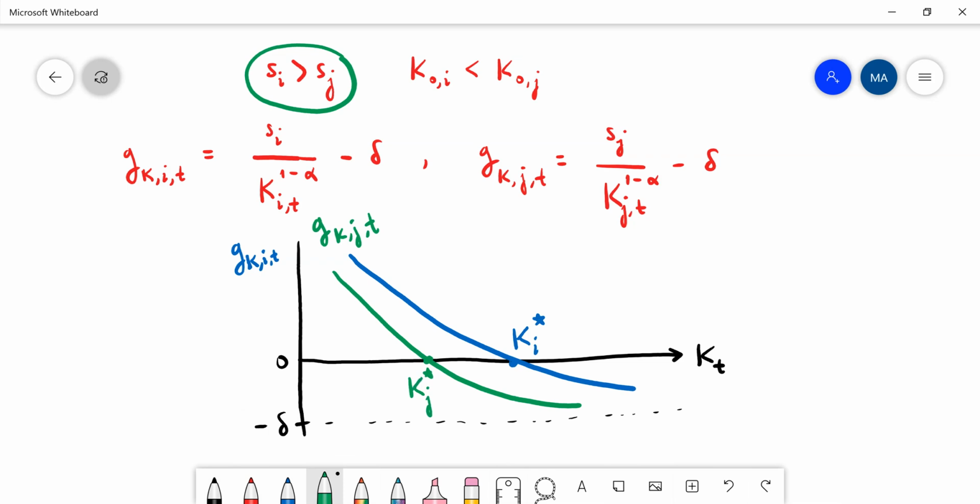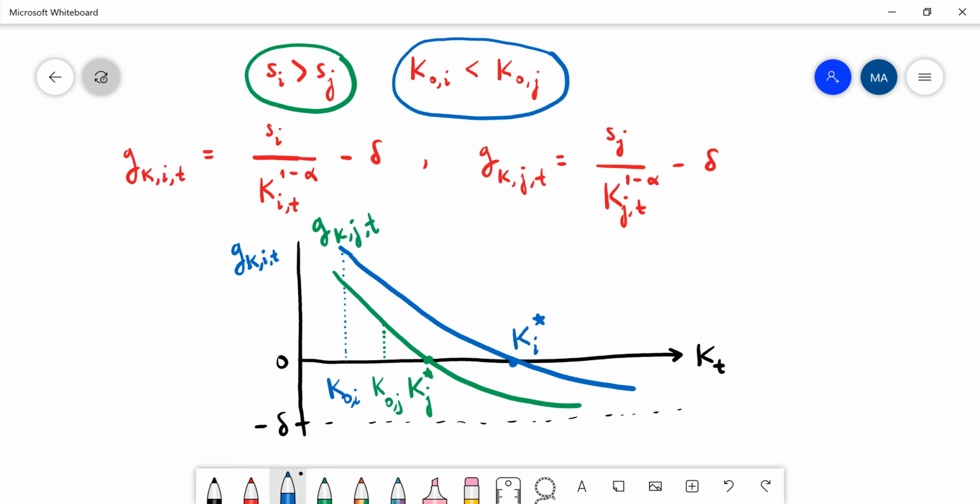But their initial points are also different. So let's say this is K_0J, and this is K_0I.